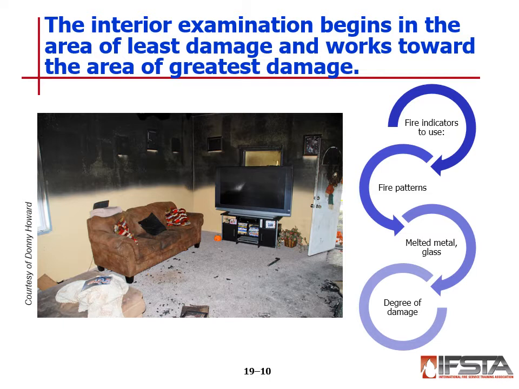You look at things like outlets, switches, electrical equipment. And as I mentioned earlier, melted glass, melted metal, and the degree of damage to the contents and the structure itself.